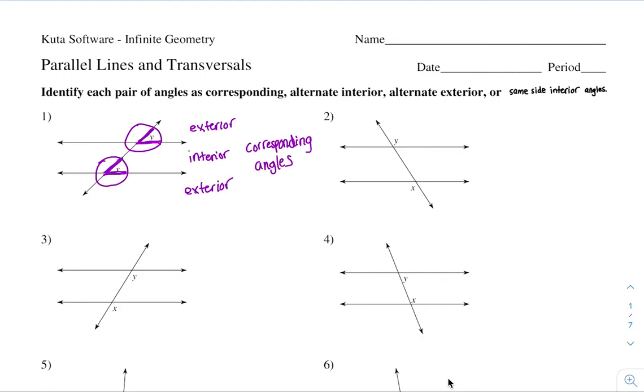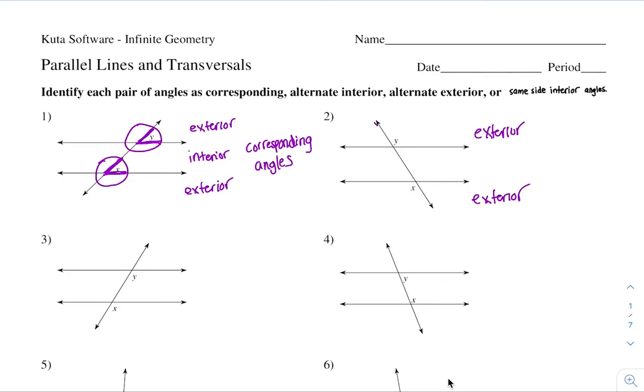So these first ones, just to identify your angle measurements. Number 2, okay, so no interior angles, right? Because there's nothing inside here. Both of them are exterior angles. So we have either alternate exterior or same side.